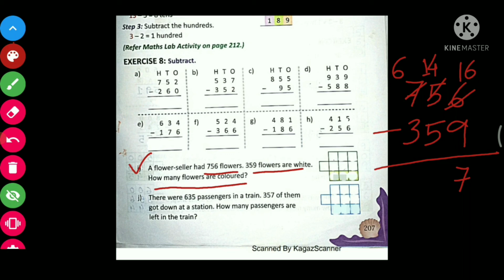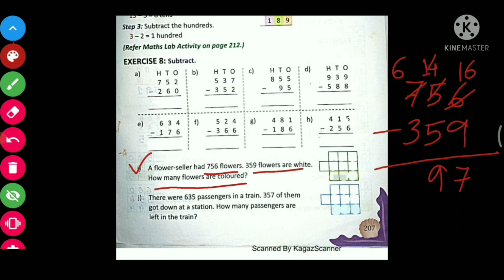So what will be the answer? Yes, just imagine 14 lines and just cut 5 of them. 9. Right? Okay, now see, in 100 place 6 and 3 are there.